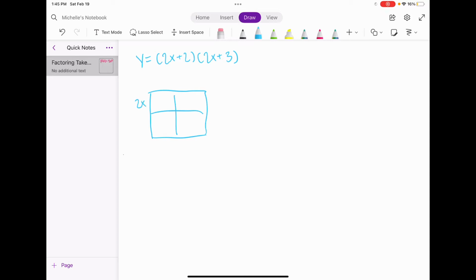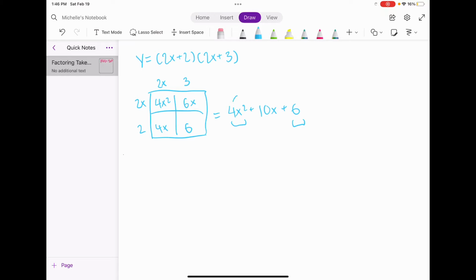So 2x plus 2 times 2x plus 3 gets me to 4x squared, 6x, 4x, 6. So standard form would be 4x squared plus 10x plus 6, but I actually don't care about what's in the middle. I only care about my leading term and my ending term.